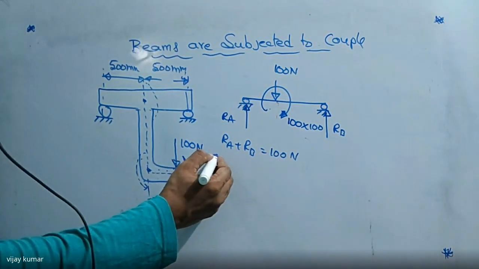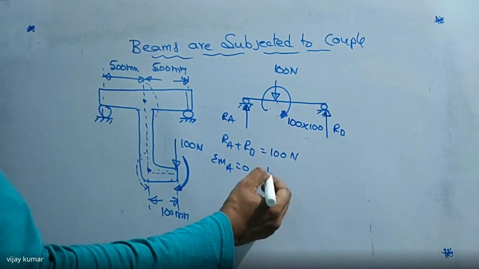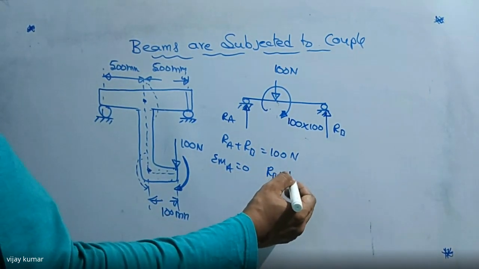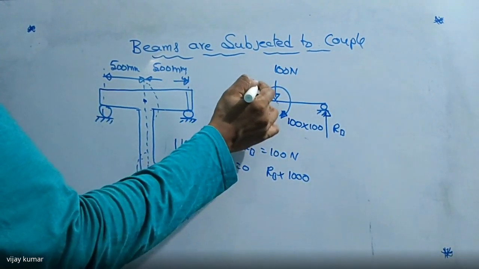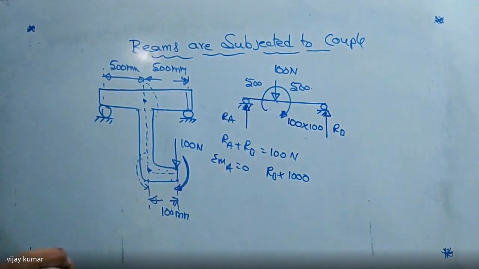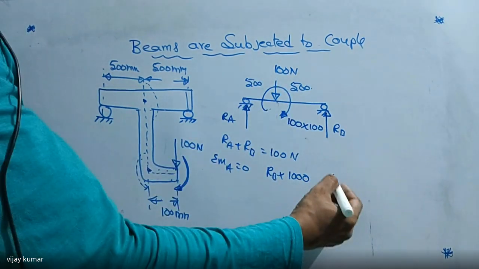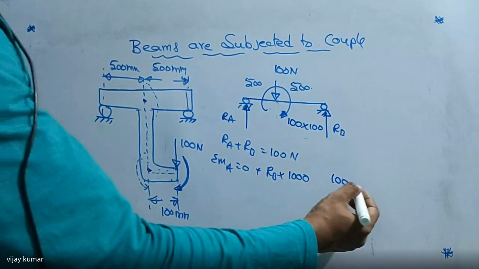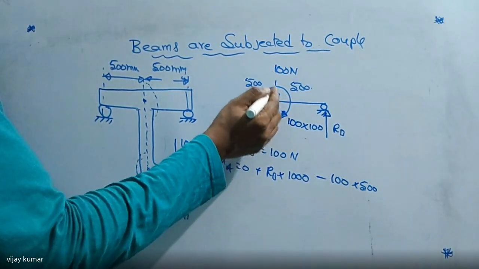And take moment about A equal to 0. That is the second one. Then I am writing RB into 1000. This is the total distance. This is 500, this is also 500. The next one is 100 into 500, it is negative, since this is moving downward.